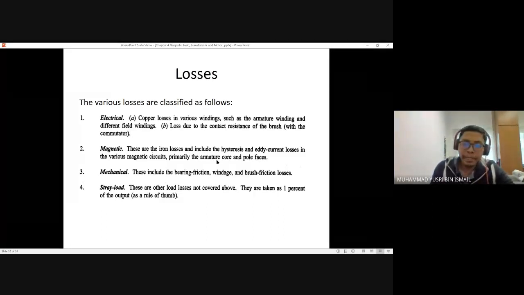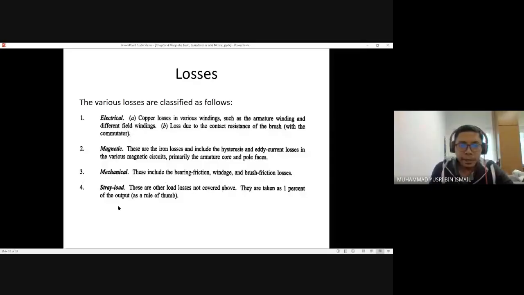Iron losses meaning the material itself has resistance, so that's why it is resistant as well. And then stray load, these are the other load losses which are not covered above.